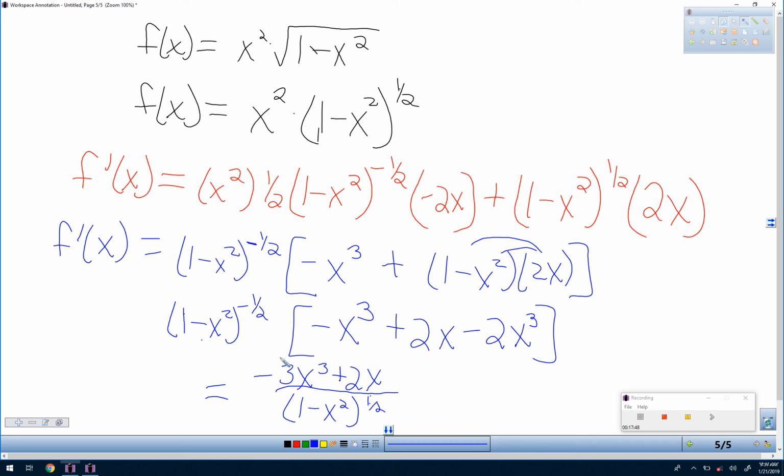Or you could write that as a square root. The derivative of that function is negative 3x squared plus 2x over the square root of 1 minus x squared. Again, this took not only the chain rule, but also the product rule to do this problem.